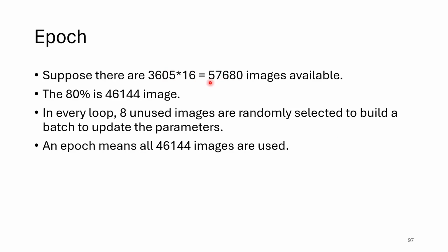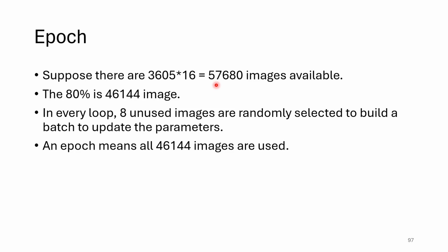Okay, so as I said, this is the 16 times. I should say they didn't specifically mention how many images there are in the public training set. This is a number I estimate because they use 4 types of different augmentation.